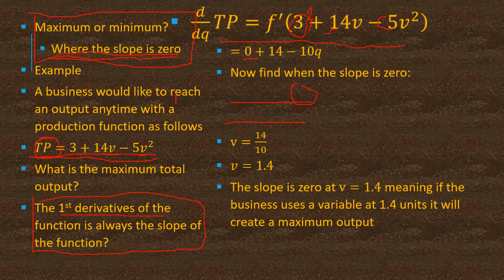Ibig sabihin, the slope is 0 if the variable or the output is equivalent to 1.4, meaning if the business uses a variable at 1.4 units, it will create a maximum output. Okay? Ganun po ang ibig sabihin ng finding the output at the maximum. Now, you could actually use this even if you have the total cost function or other kinds of functions, because these are still used no matter what.